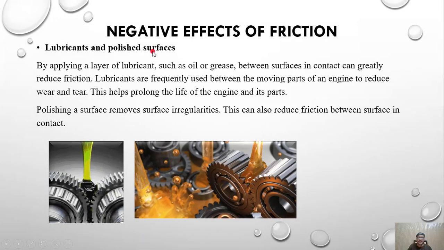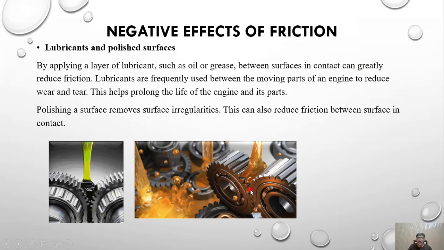Lubricants and polished surfaces also help to reduce the negative effect of friction. You might have seen that we have some mechanical parts like this. Even in engines, we apply a layer of lubricant, such as oil or grease, and applying these lubricants between surfaces which are in contact can greatly reduce friction.